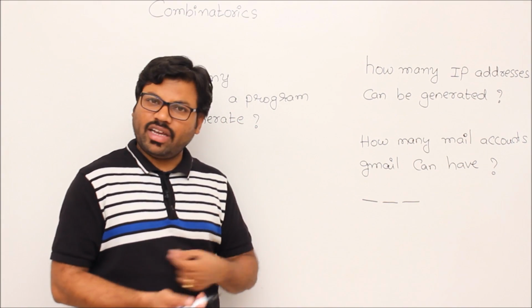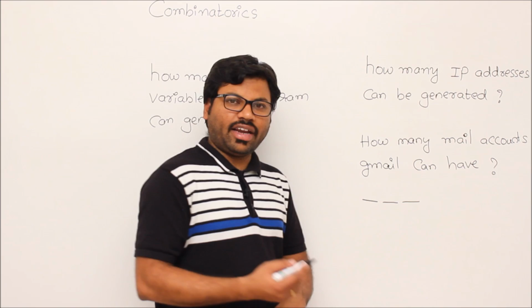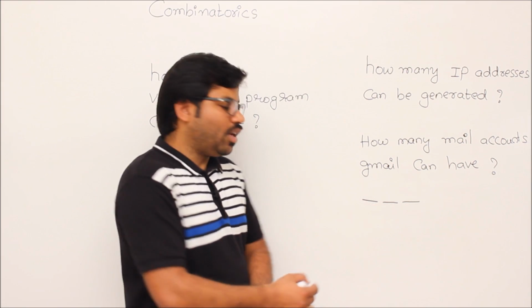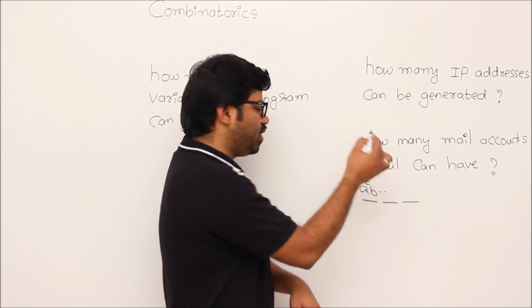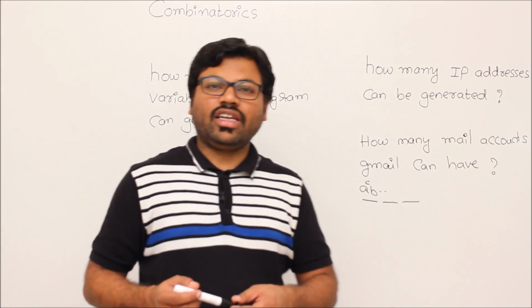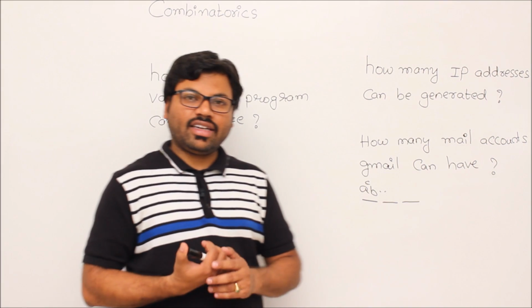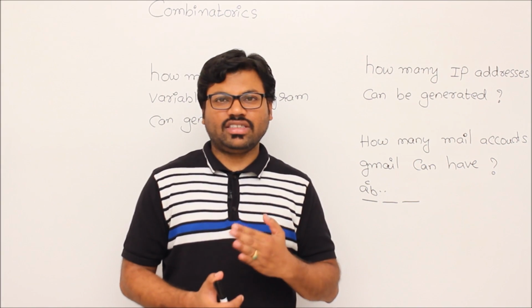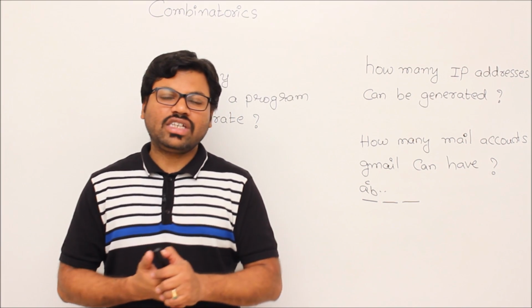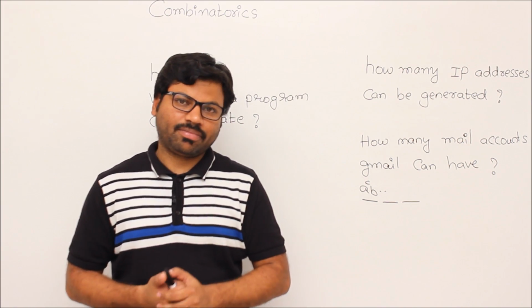That means three-length mail IDs, so every mail ID should have three letters. Only English characters are allowed, A, B, C, and so on up to Z. Then how many IDs can we generate? If you know that, you will decide how many customers Gmail can have, isn't it? That's why it's an interesting problem for them.